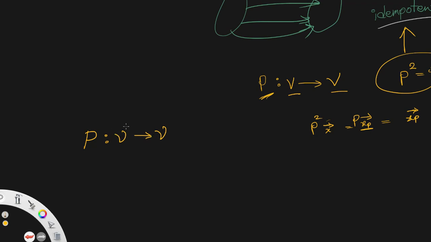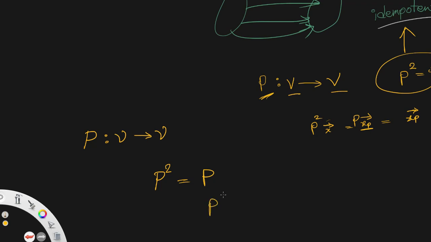So the mapping is from the space to itself, so that the property that has to be satisfied is that the transformation is idempotent. If you apply that transformation more than one time, you'll get the same result. And this is true not only for P square, it is true for any higher power.